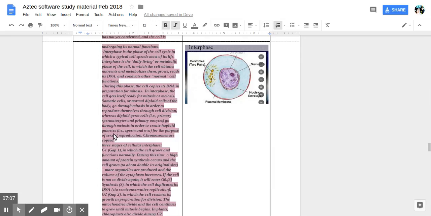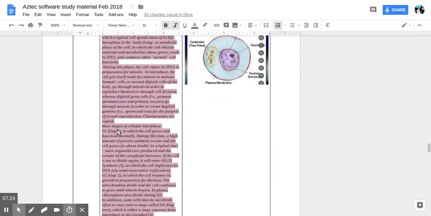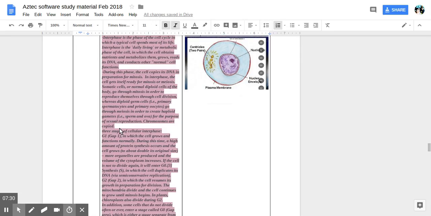It reads its own DNA, producing proteins, etc. During this phase, the cell copies DNA when it gets ready to do mitosis or cell division, or meiosis, depending on if it's a regular somatic body cell or if it's a reproductive cell.